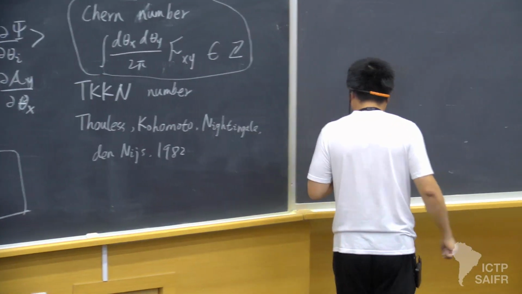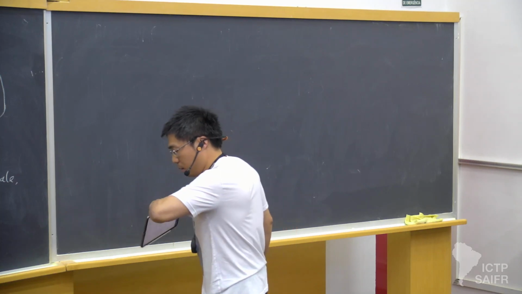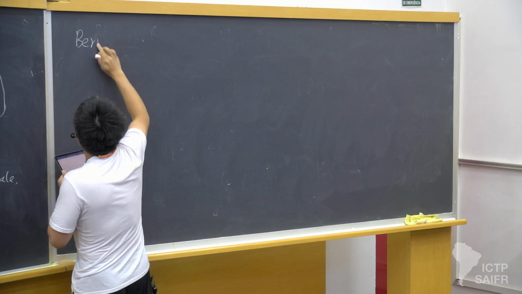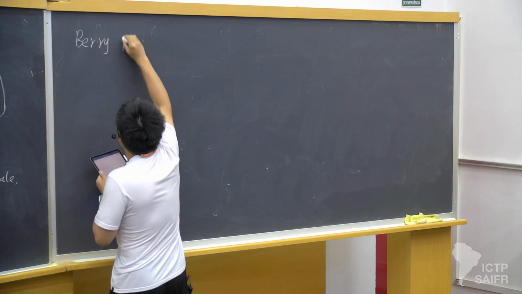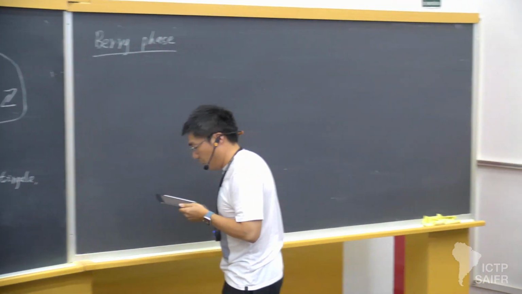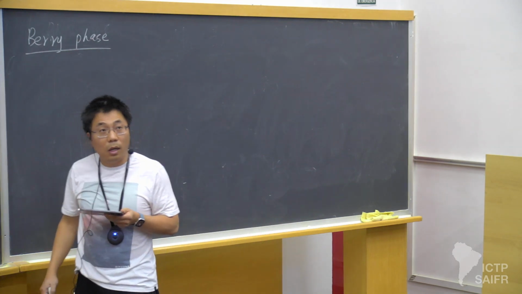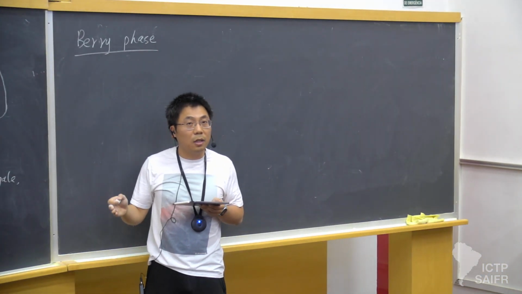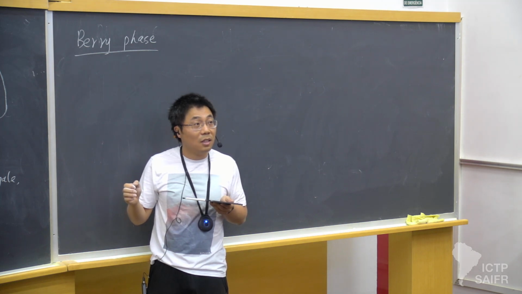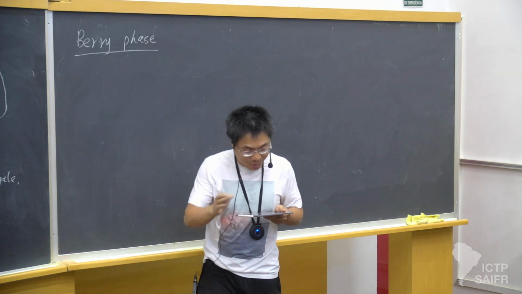Okay, so to prove this, let me also introduce the concept of Berry phase. I think you probably learned Berry phase in a quantum mechanics course, did you? Okay, but what I'm going to say is going to be pretty simple.